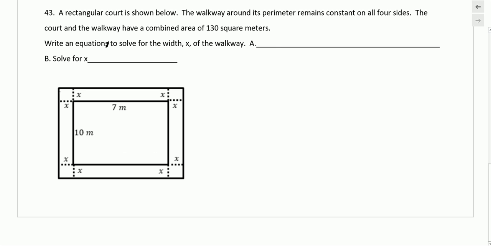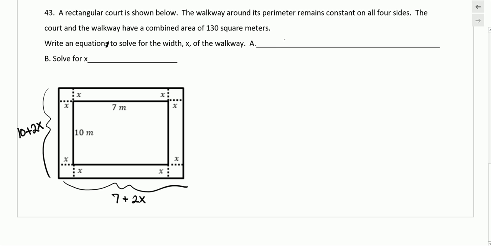So if we let the width of the walkway be x, then the width of this large rectangle is going to be 10 plus 2x, and the length of the large rectangle is going to be 7 plus 2x. Definitely not drawn to scale, but there we have it.